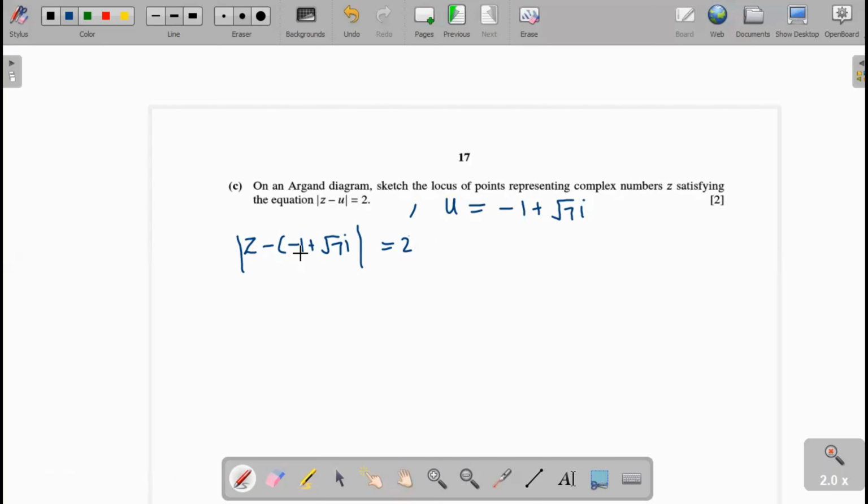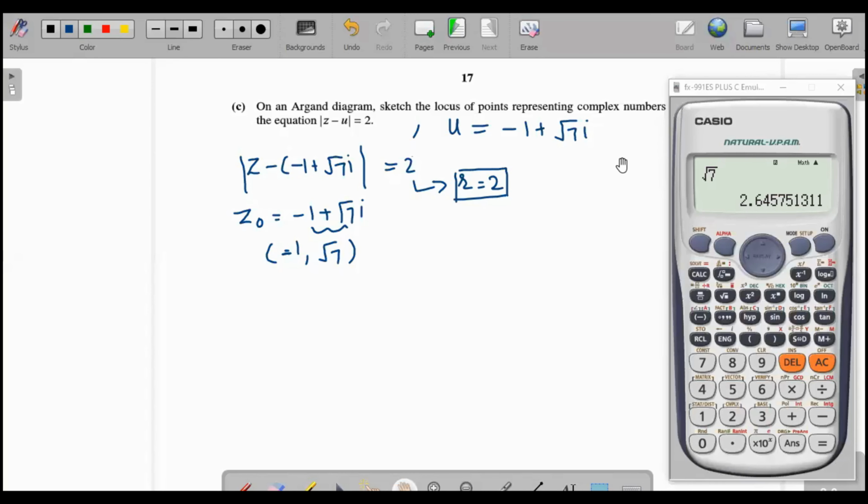This point z naught is minus 1 plus root 7i, and this represents the center of the circle. The center of the circle is minus 1, square root 7, and the 2 represents the radius of the circle. Radius is 2 here.